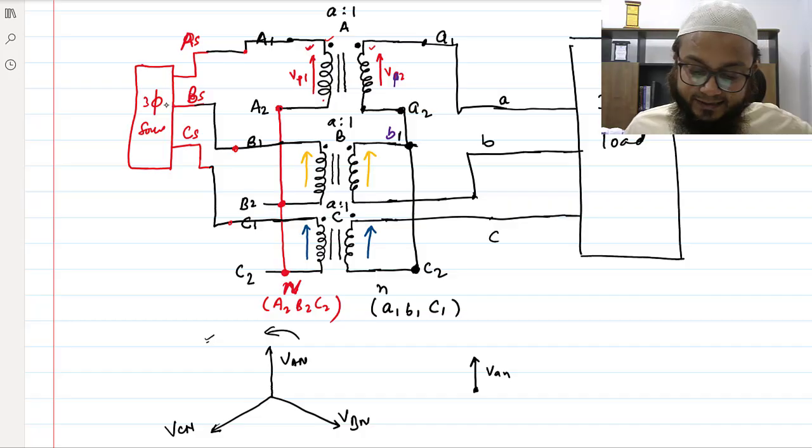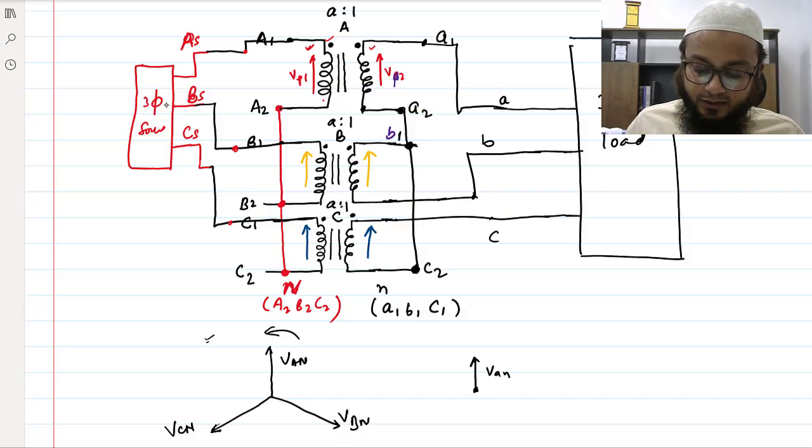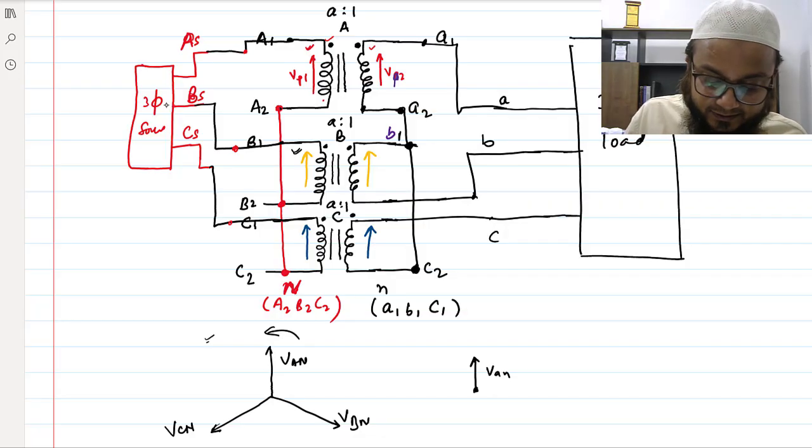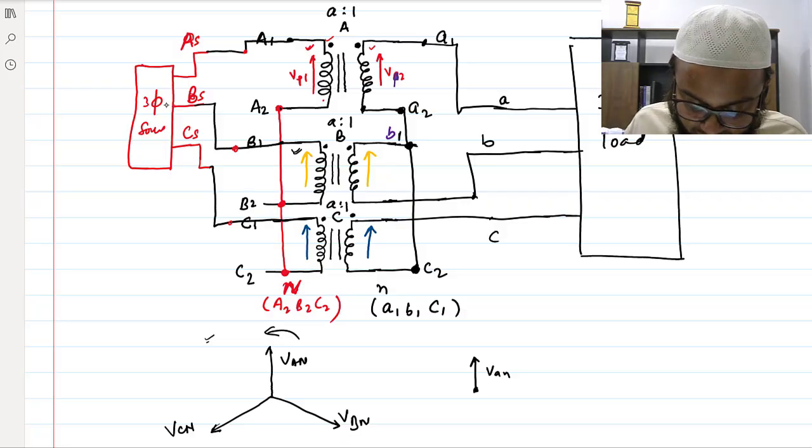So VBN this time, this is the voltage difference, right? The opposite of VBN would be opposite of this voltage, right? Of the primary side. So VBN would be opposite to this. So opposite to this means it would be here, VBN.